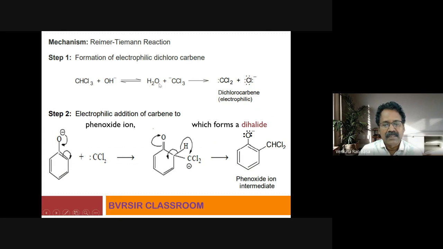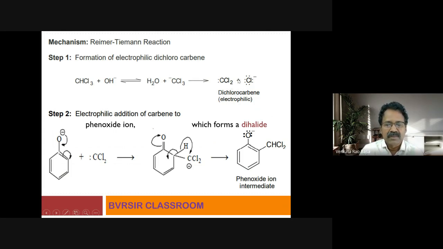Along with water, CCl3 minus, where carbon carries the negative charge, is the species formed. Then, by elimination of Cl minus, CCl2 is formed. It is an electron deficient species, dichlorocarbene, and it acts as the electrophile for this reaction. So this is the method of obtaining the dichlorocarbene intermediate electrophile.